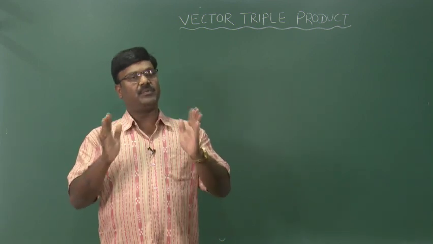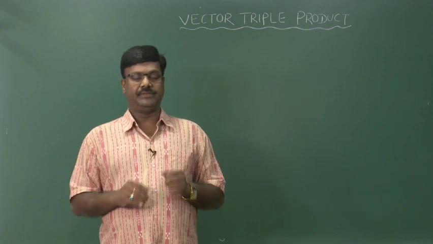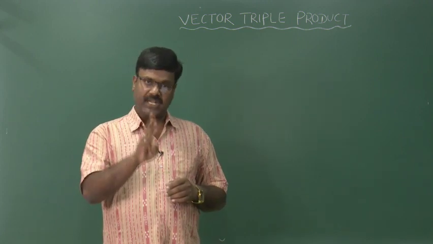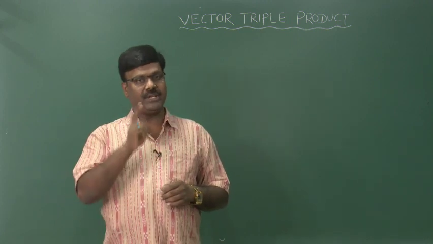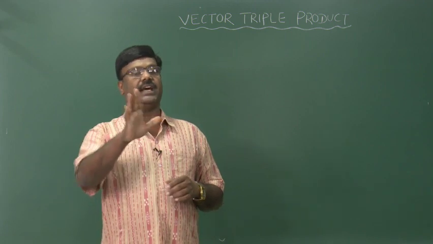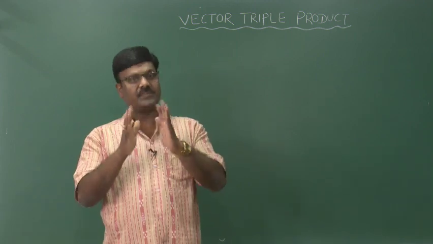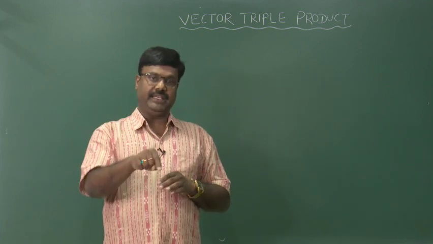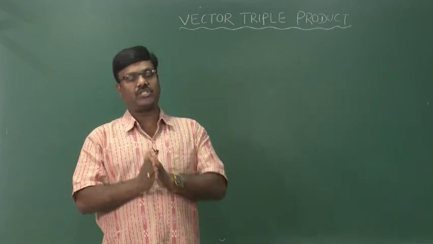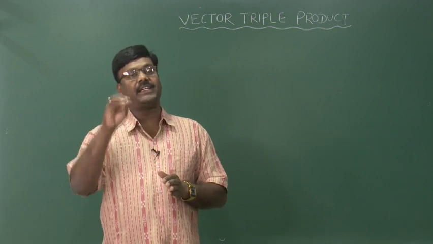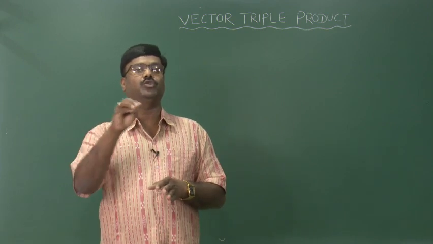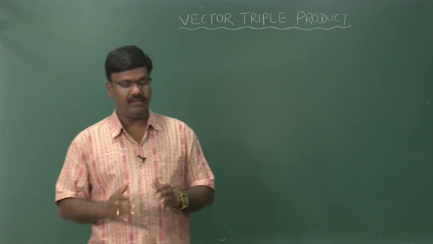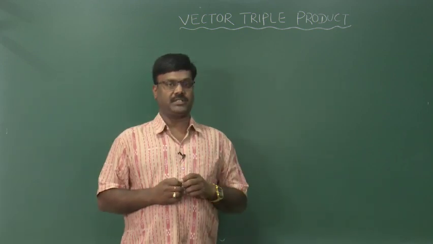In scalar triple product, we have known that it is the product of three vectors in which the result is a scalar, and it is obtained only when a vector is in scalar product with the vector product of other two vectors. But now, what is vector triple product?